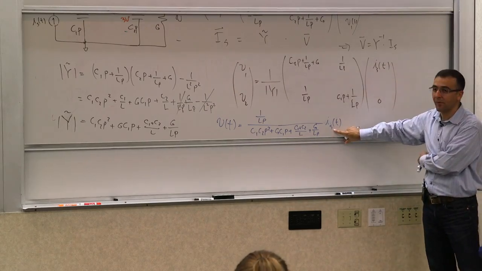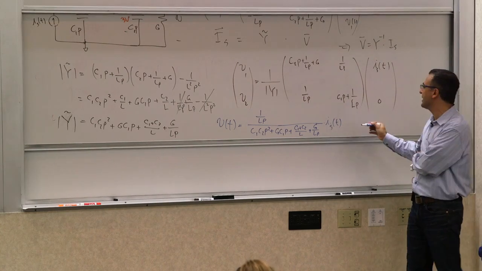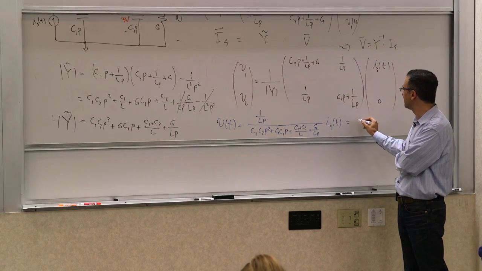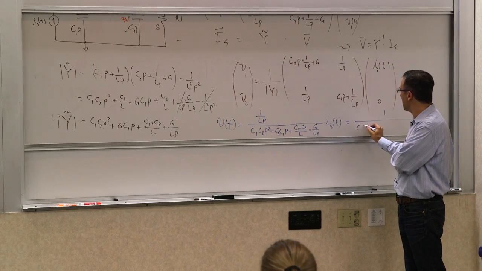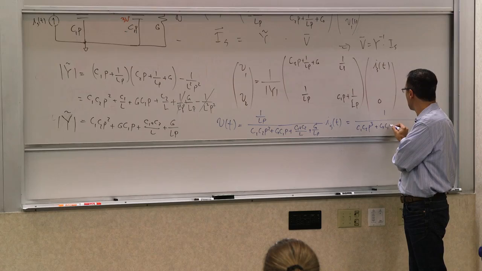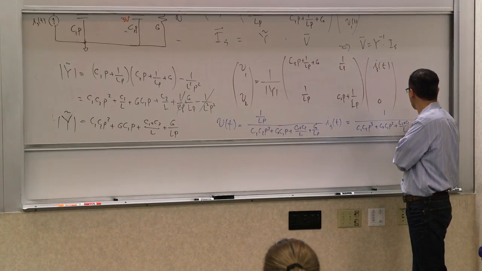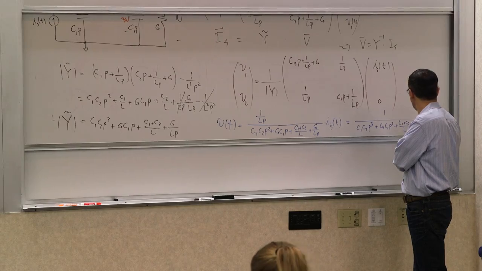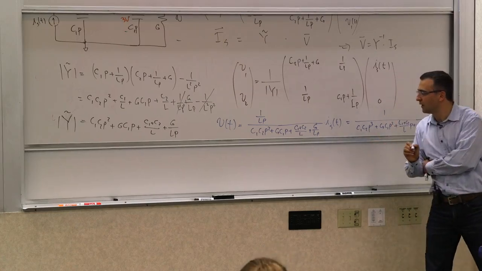Right? So that is the system. And you can actually simplify it by multiplying by LP, numerator and denominator. So you get 1 over C1 C2 P cubed plus G C1 P squared plus C1 plus C2 over L P plus G over L. Okay?